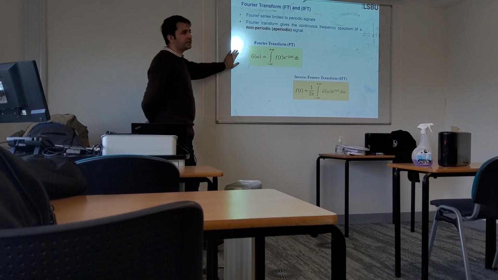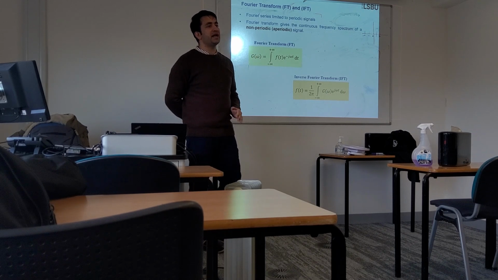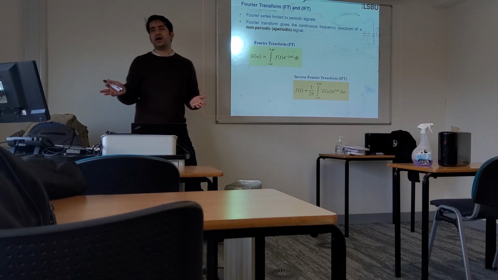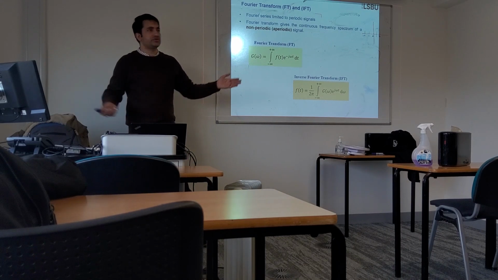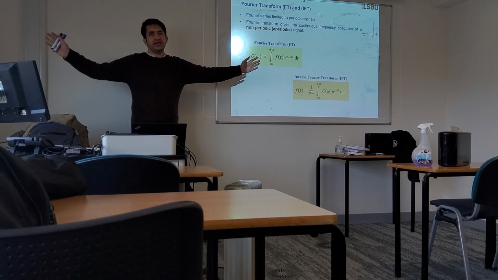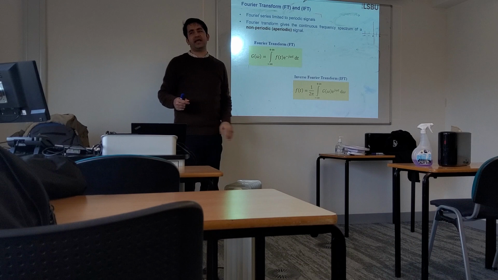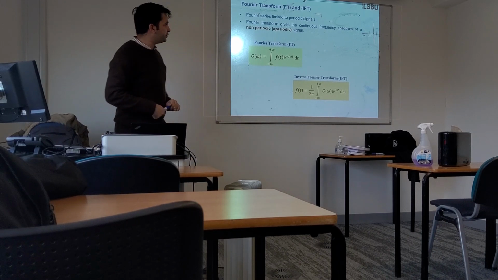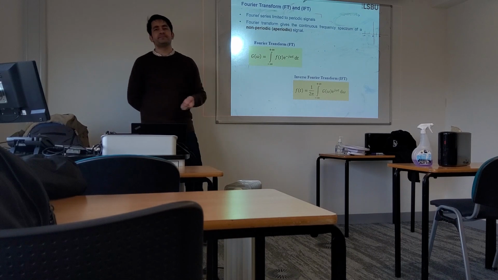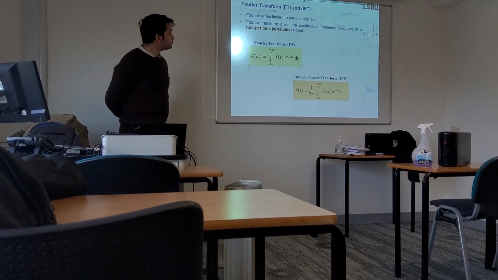In case of Fourier transform, since the signal is not periodic, the signal can be up to infinity. So we don't know where the signal is ending. That's why, if the signal is continuous on both sides, minus infinity to infinity, we just need to integrate it by multiplying it with the exponential. So if I do this integration, I will get a frequency domain analysis.